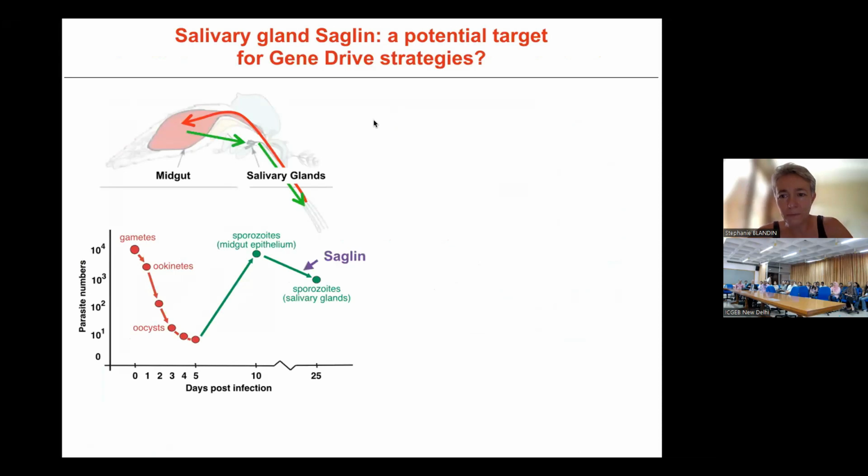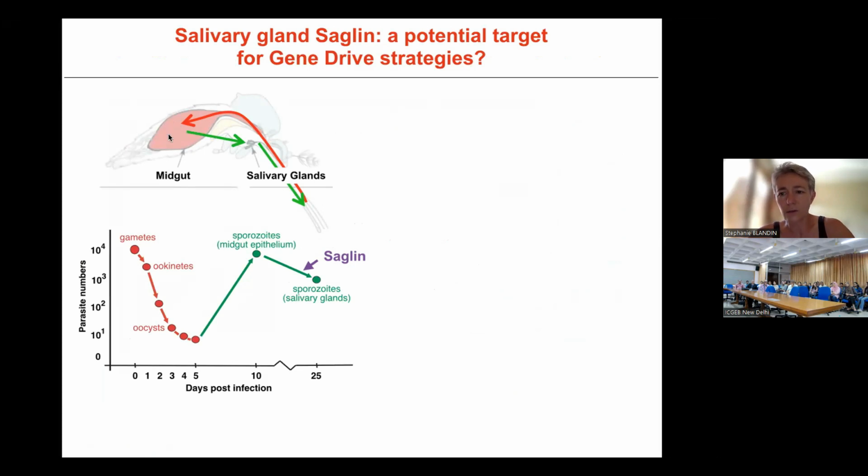Right. So this is a very schematic view of what happens to a parasite when it enters a mosquito vector. When a female mosquito takes a blood meal on a person infected with malaria, she takes blood in her gut, and inside the gut there are gametocytes.